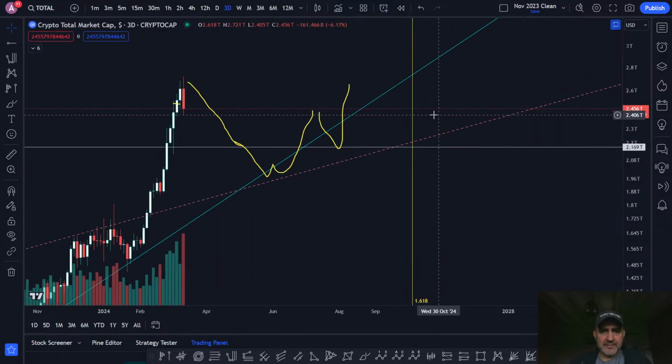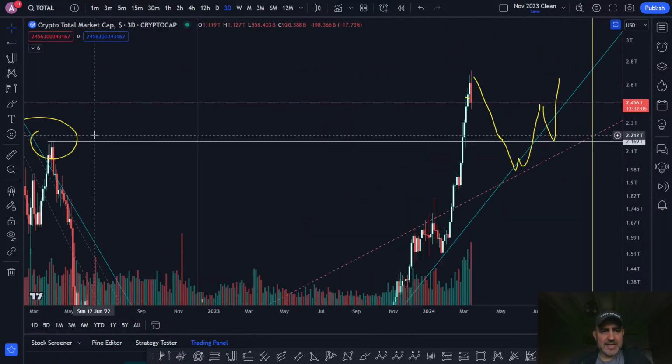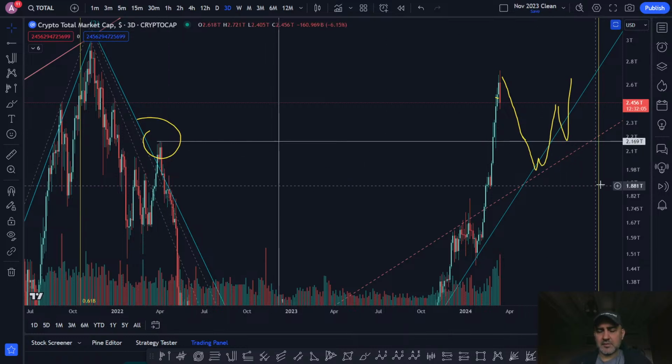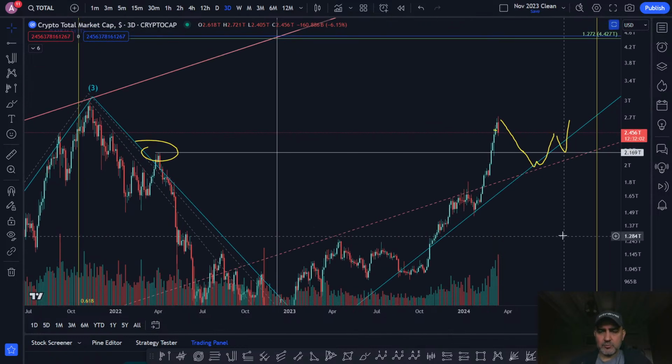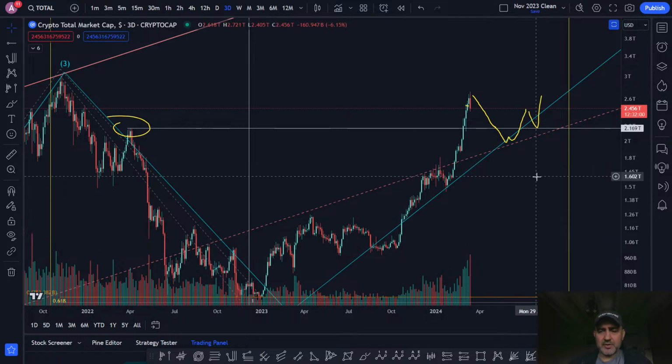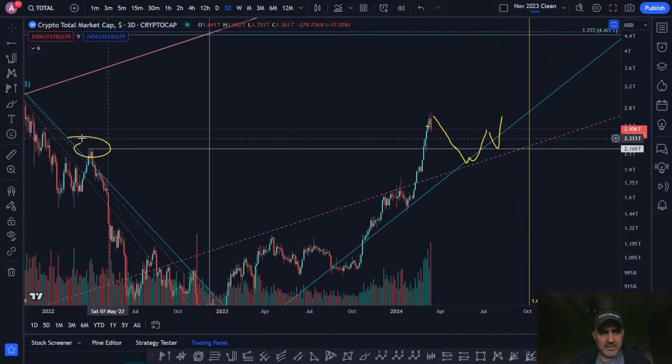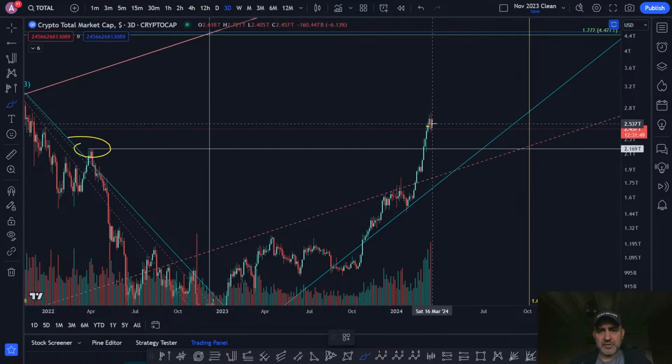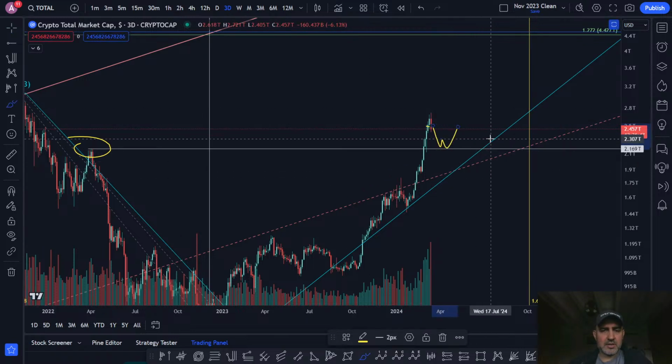So the line of interest is this one here, this SR flip here. And then worst case scenario, we have this mid channel, but I'm hoping that we don't go underneath this previous high. Even though I've got that line drawn there, let me get rid of it. I am hoping that on the total crypto market cap, we just find support.